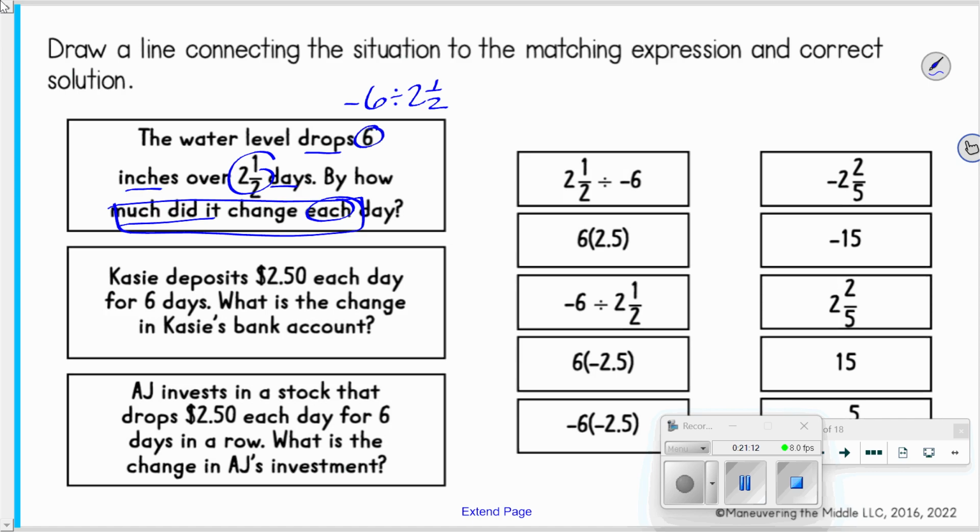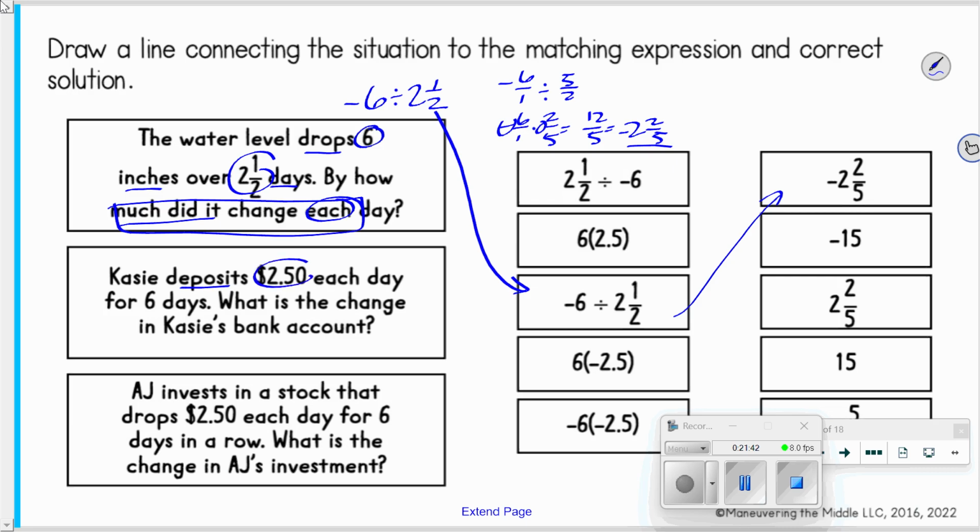So when I look at my problems, there's the one that is written that way. Doing the actual math, negative 6 over 1 divided by 5 halves, means I keep, change, flip. So that's going to become 12 fifths, which equals 2 and 2 fifths. A negative and positive, they hate each other, so it's going negative. So from there I would go to that answer.